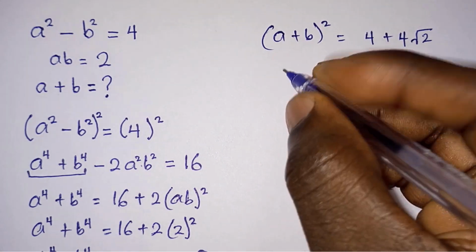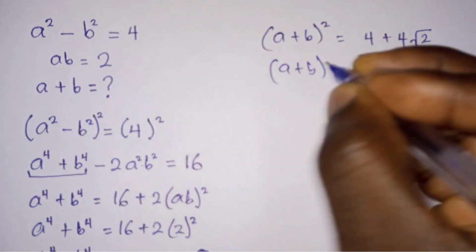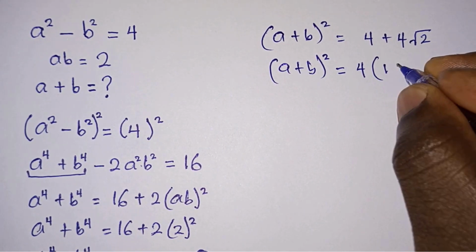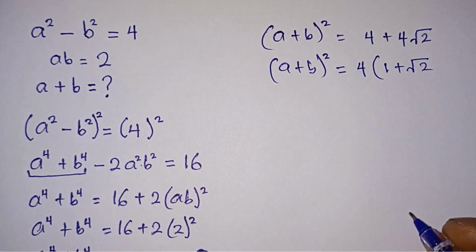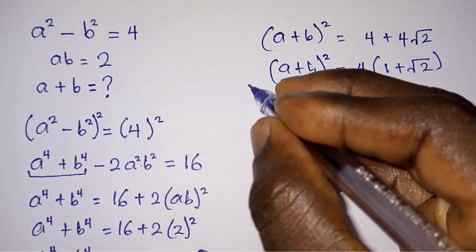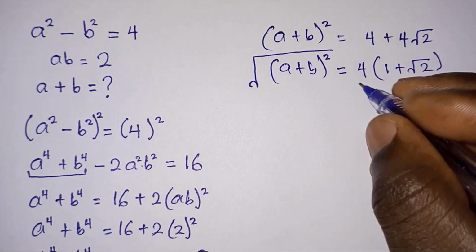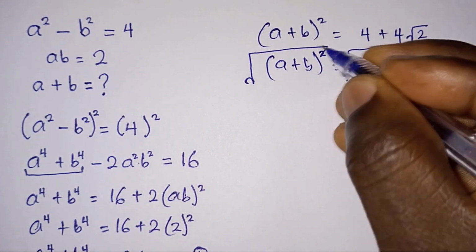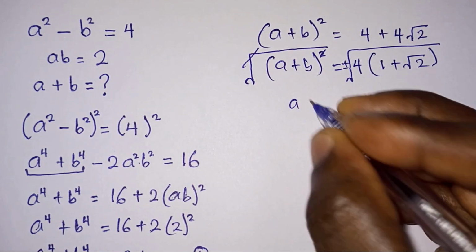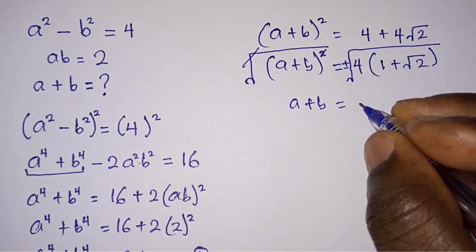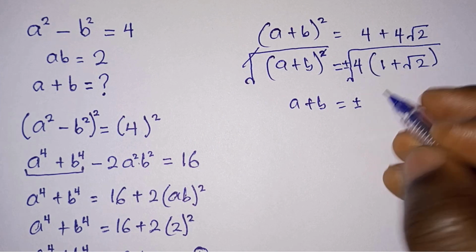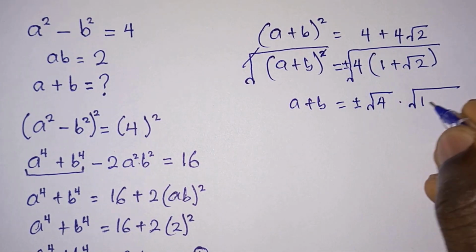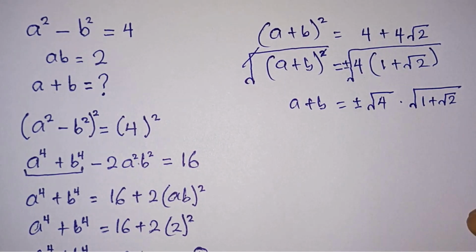We can rewrite this equation as a plus b all squared is equal to 4 times 1 plus square root of 2. Now let's take the square root on each side of the equation, so that these two will cancel. We have a plus b is equal to plus or minus the square root of 4 times the square root of 1 plus root 2.